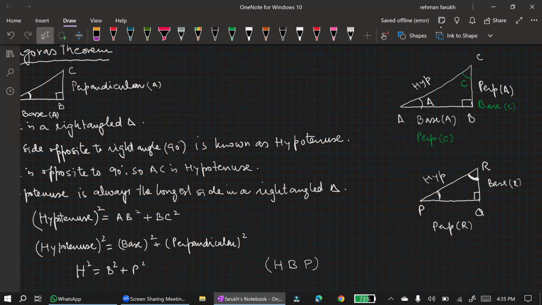According to the angle, the side opposite to the angle is the perpendicular, and the third side is the base. The side opposite to 90 degrees is always the hypotenuse.